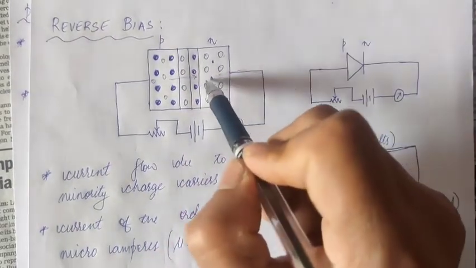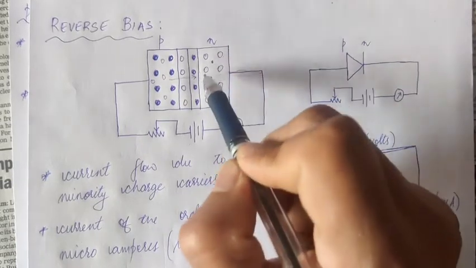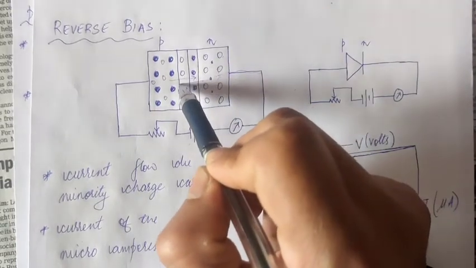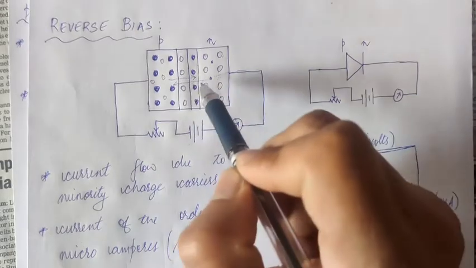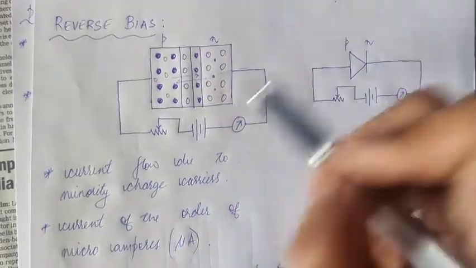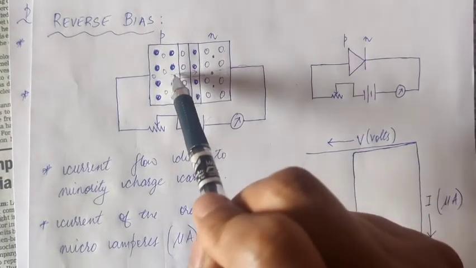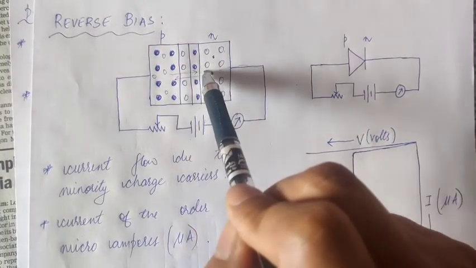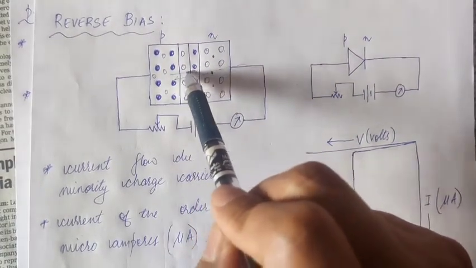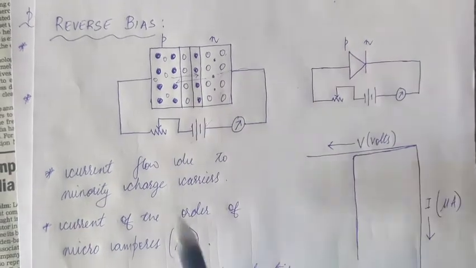And these holes, minority charge carriers on the N side, move towards the depletion region and the PN junction, and they overcome the potential barrier because of energy gained through this power source. So the minority charge carriers are now overcoming the potential barrier, crossing the depletion region and the PN junction.